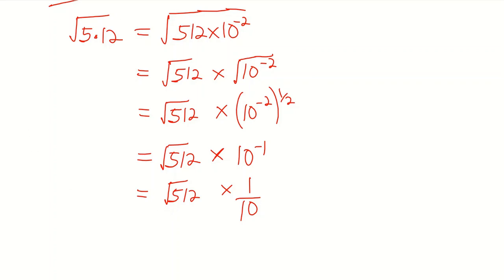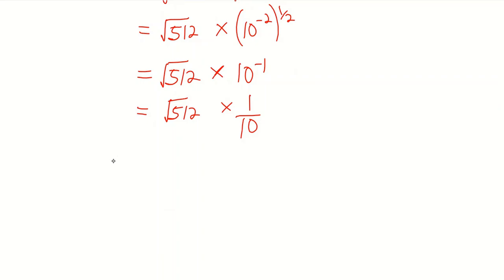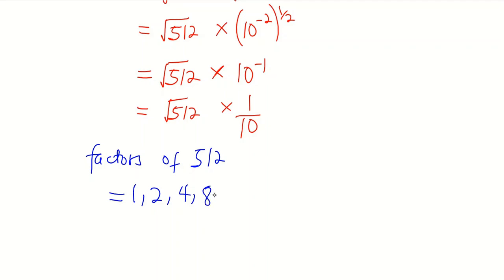Now we can reduce to simplest form by first considering the factors of 512. And the factors of 512, we have 1, 2, 4, 8, 16, 32, 64, 128, 256, and the last one we have 512 itself.